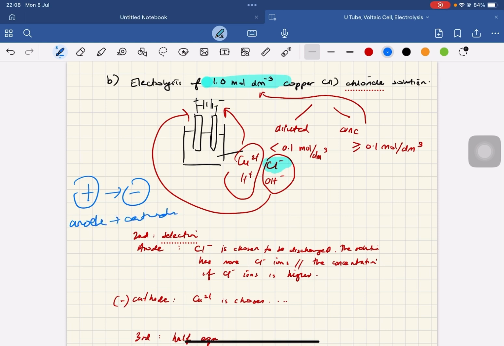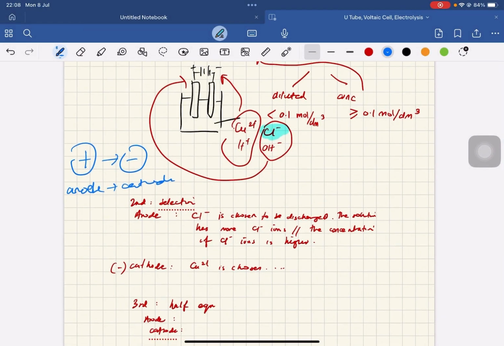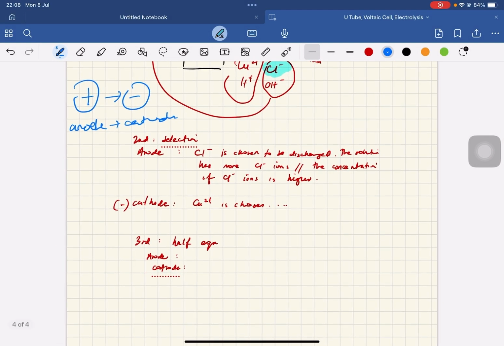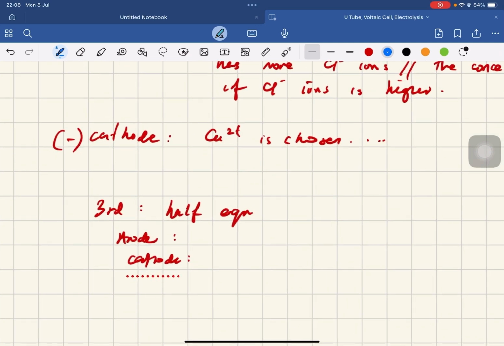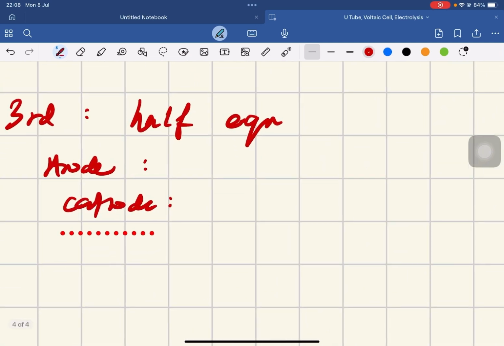So whatever at anode is, dia akan donate electron on right hand side. Okay, dia dah let go the electron. So you copy back from page 24, sangat senang. Cl akan jadi Cl2, so you're going to add 2 here and add 2 here for balancing.